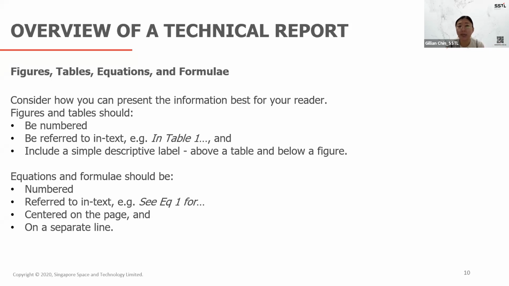In that case, perhaps it could be useful, but if you were a reader, you wouldn't want to flip from page 1, read into page 10, and then realize you have to flip back to page 1 to look at the graph again. So as much as possible, your in-text reference should be as close to your actual figure or table or equation as possible. Like I said, include a simple descriptive label either above or below the figure.